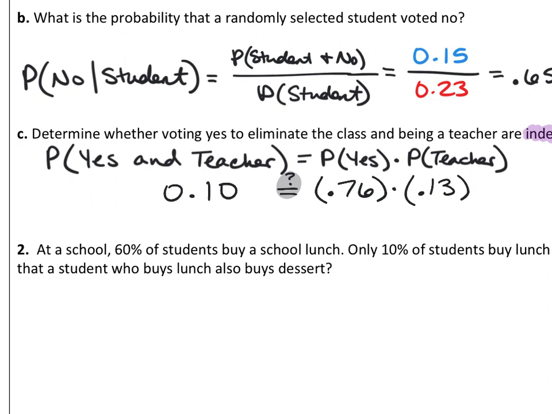If those numbers are equal, then this event is independent. If those numbers are not equal, then it is not independent. So go ahead and do that math for me. 0.76 times 0.13. What did we get when we multiplied 0.76 times 0.13?